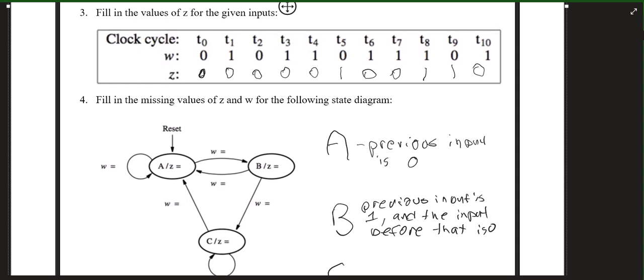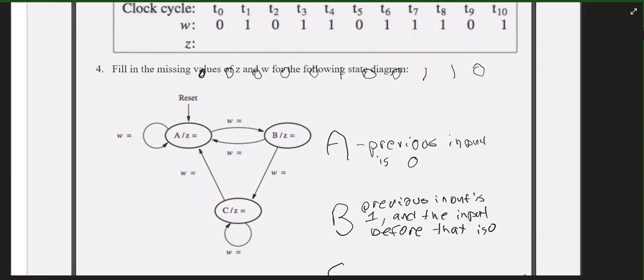So look at T4. At T4, my previous input is a 1, the input before that is a 0. But that means because then when T4 is a 1, then I'm going to get my 2 1s in a row.